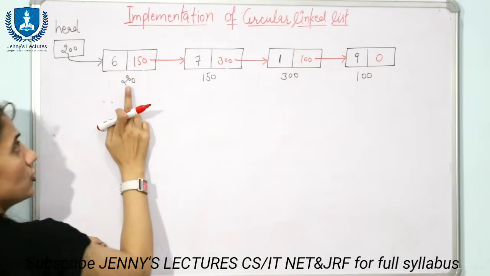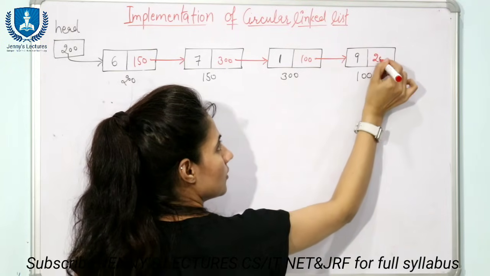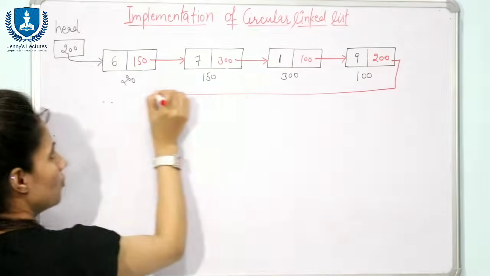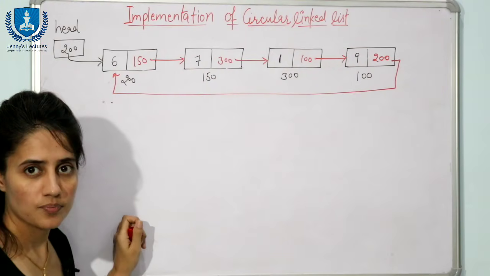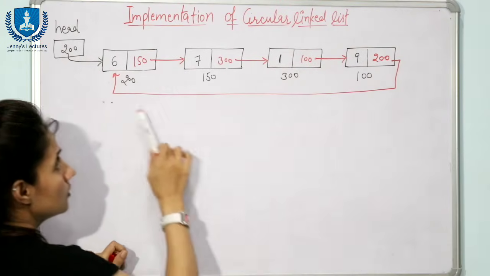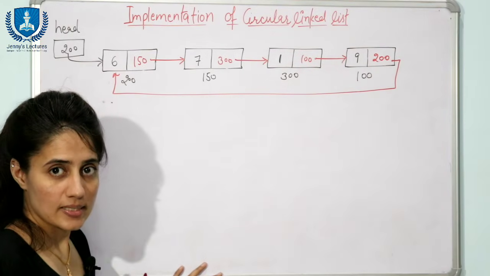The address of the first node is 200, so here we will write 200. It means this now points to the first node in the list. To make it a circle, and as you can see, this is now a circle. So this is a circular linked list.